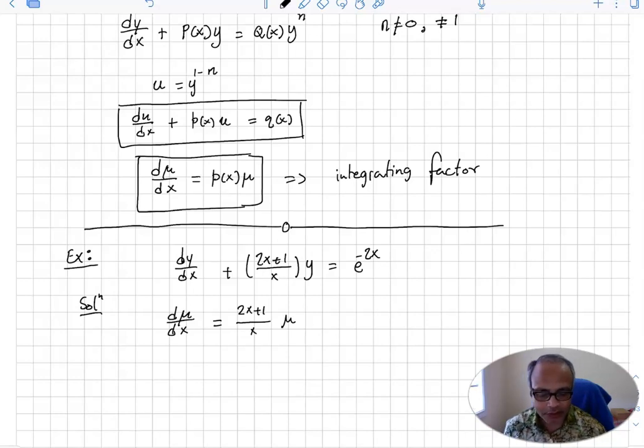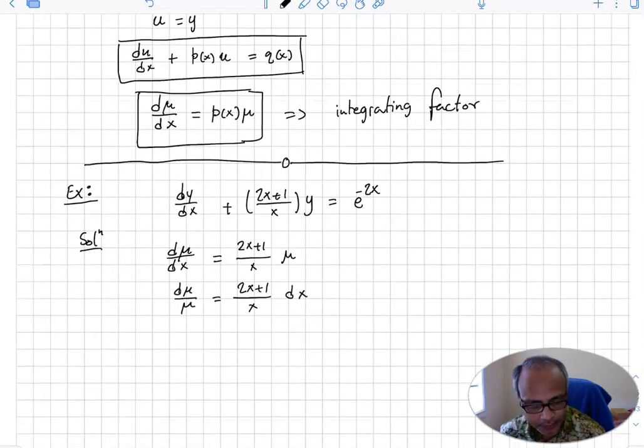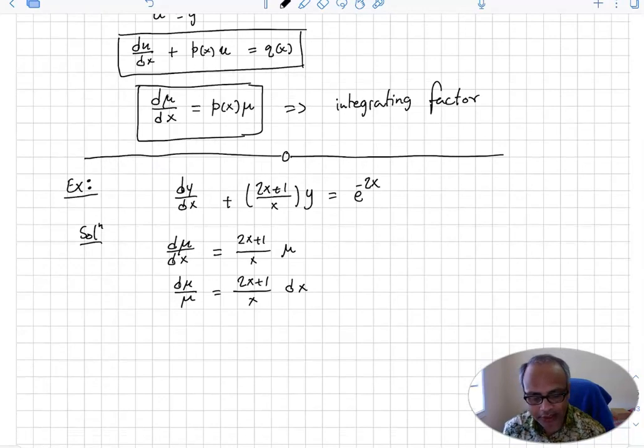This is a simple first order differential equation that can be solved by separation of variables. If you separate the variables, you get d mu by mu, and then integrate both sides with respect to the corresponding variable.